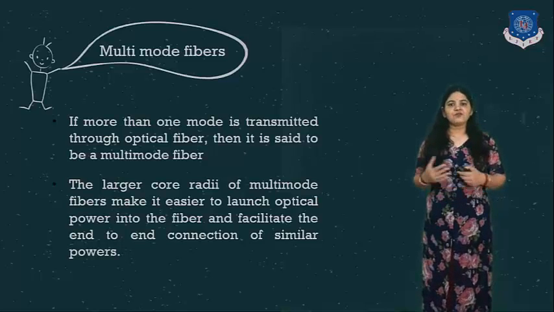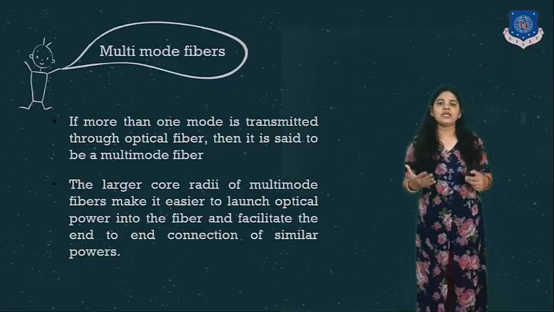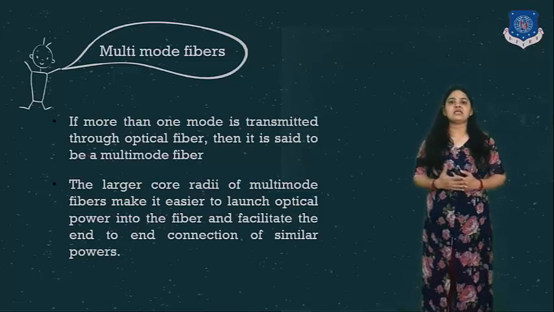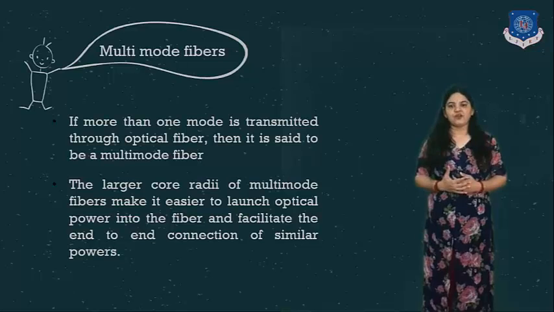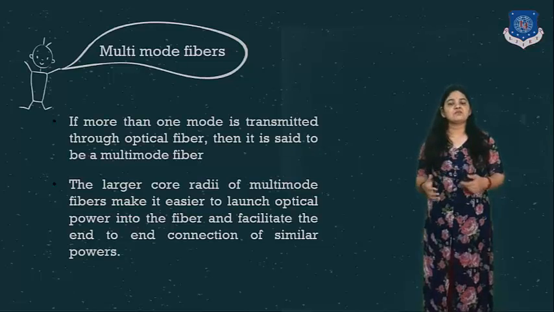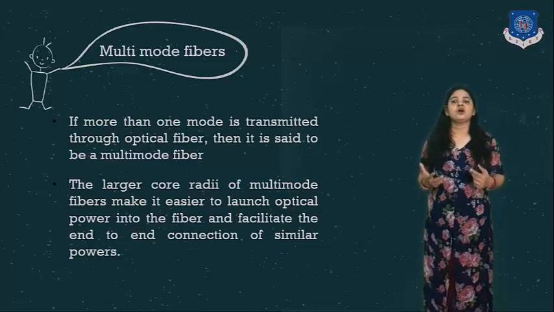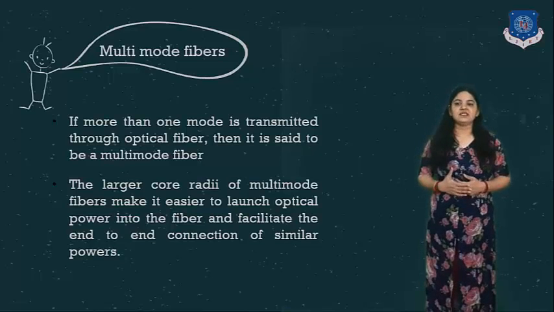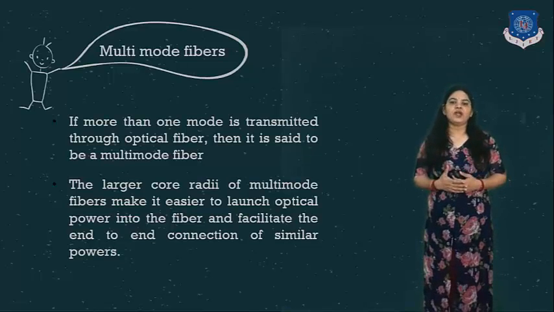If more than one mode is transmitted through the optical fiber, it is said to be a multi-mode fiber. Due to the larger core radius of the multi-mode fiber, it is much easier to launch the optical power into the fiber, and it facilitates end-to-end connection of similar fibers.